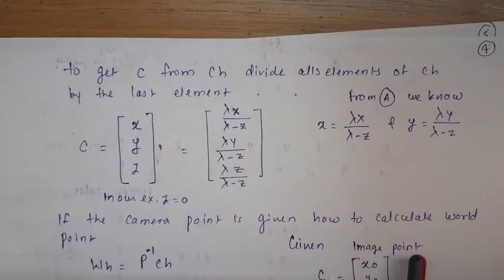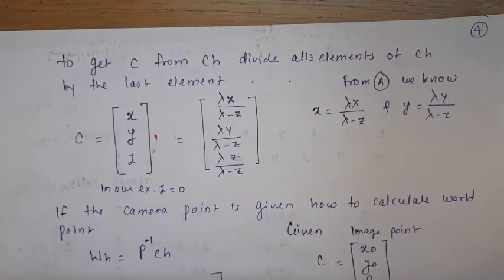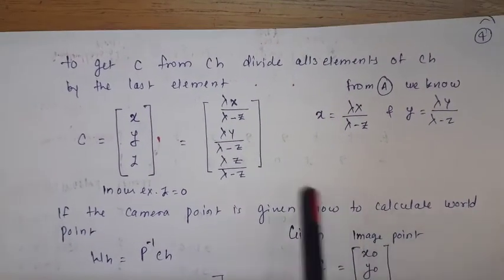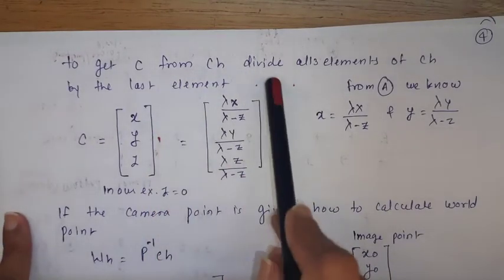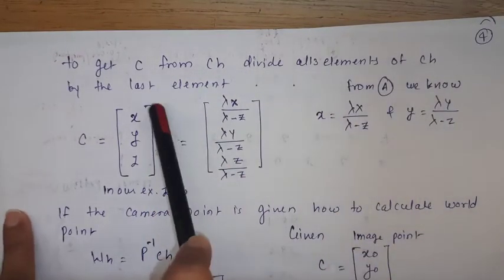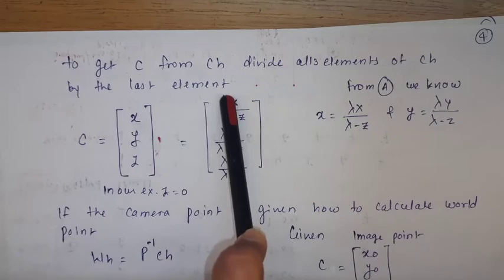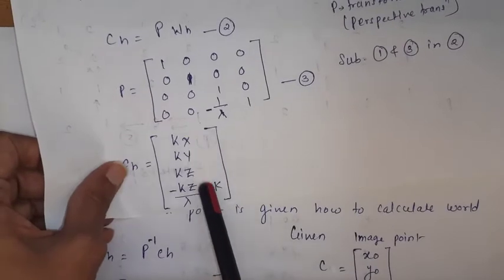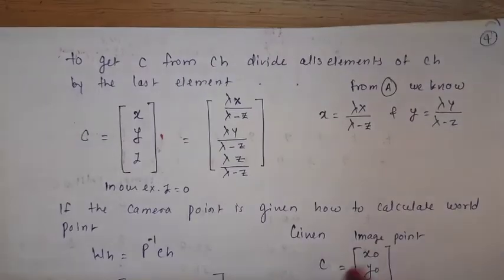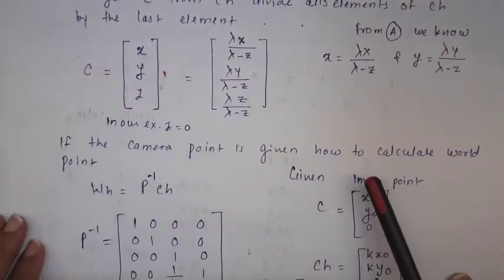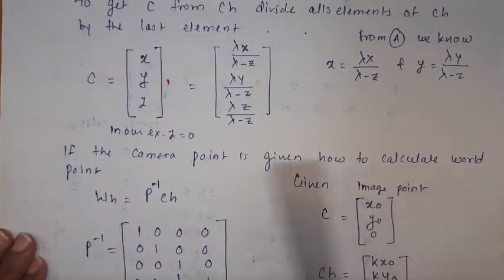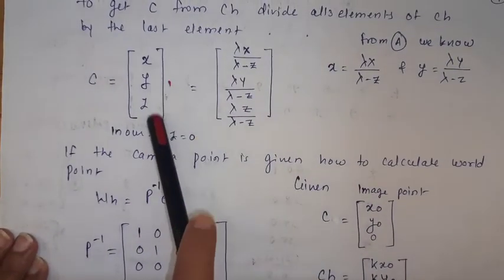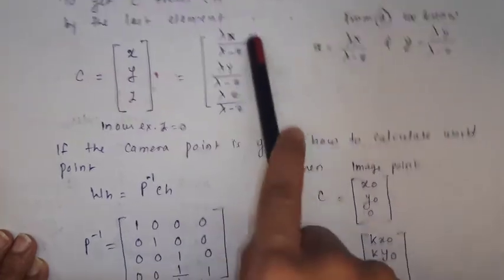Now, to get C from CH, which was homogeneous, divide all elements of CH by the last element. So we have to divide each one of these by this last element. Then we'll get C equal to small x, small y, small z, and this is what we are getting.